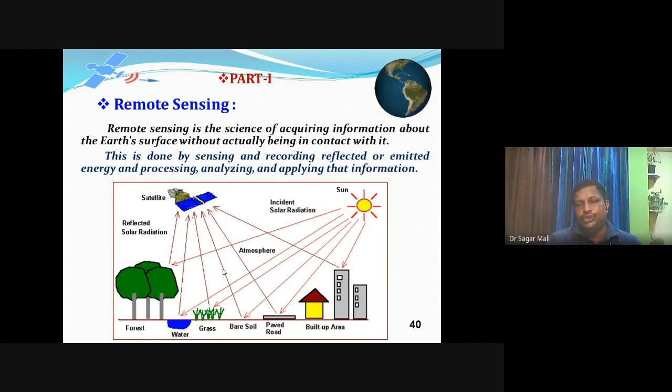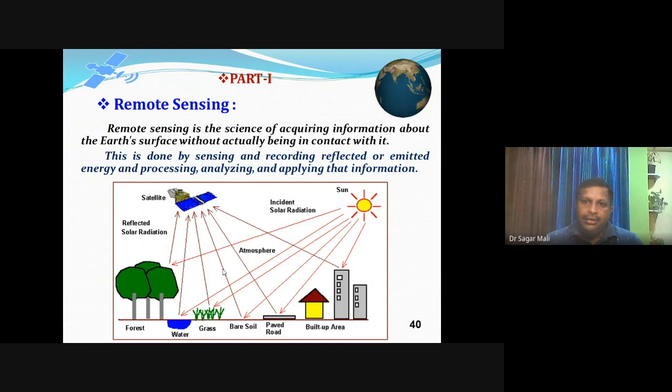Scientists observed these natural techniques and applied the same function in an artificial way, in which solar radiation is the big source of energy. The energy enters the earth's atmosphere and interacts with it.